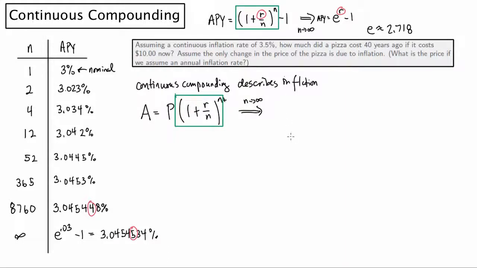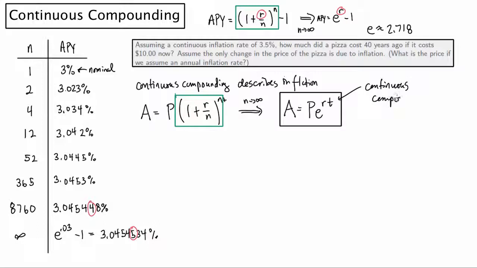So my new formula would be A equals Pe to the rt. So this is the continuous compound interest formula. So I have an example that I want to apply it to.